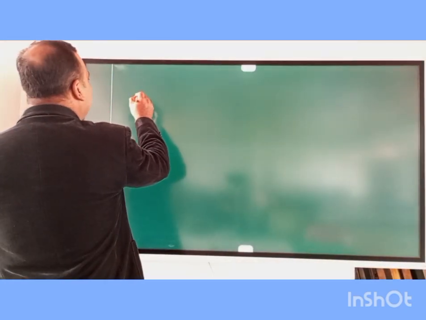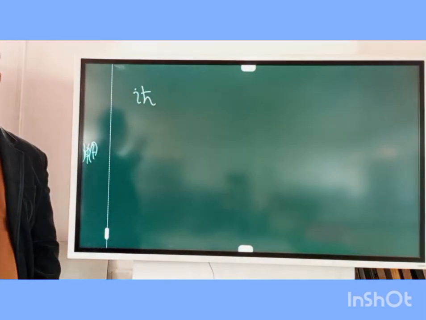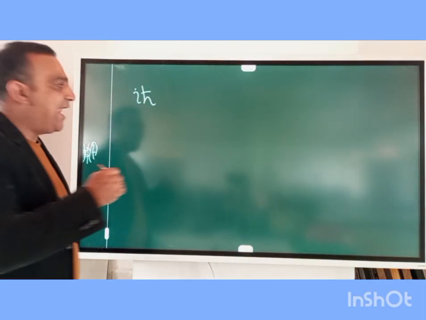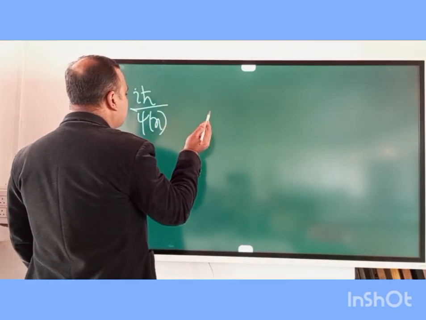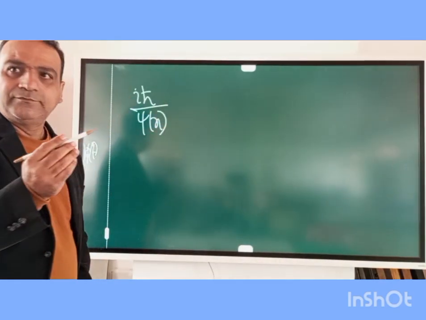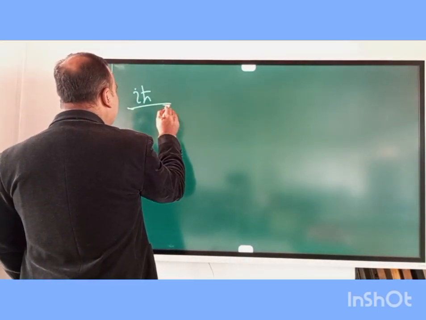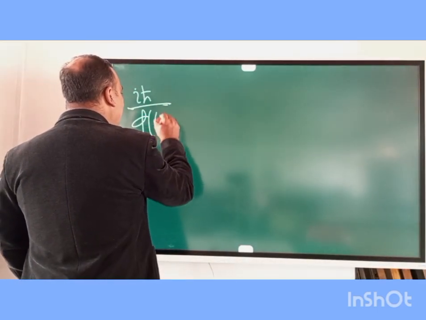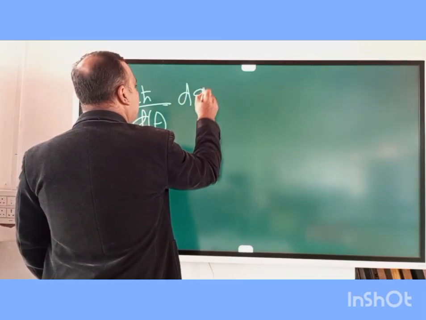You will get i h bar, so phi of t will cancel, and you will have divided by psi of x. Psi of x will cancel, so you will have phi of t, then d phi upon dt.